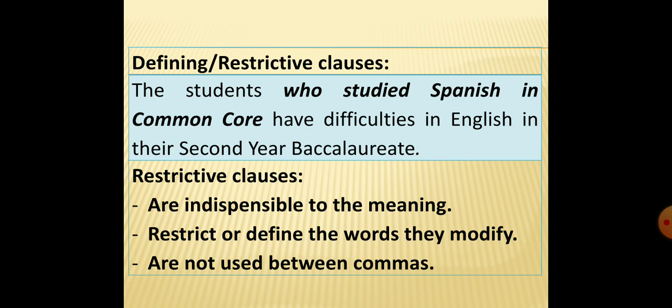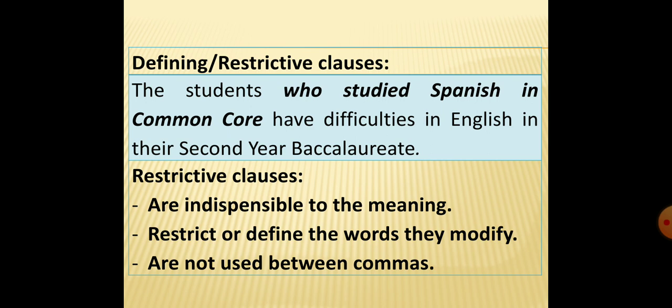Of course, the meaning will change, because it's like saying all the students, or any students, have difficulties in English in their second year baccalaureate. And this is not actually true. It's not all the students, but here it is defined and restricted to the students who studied Spanish in Common Core.